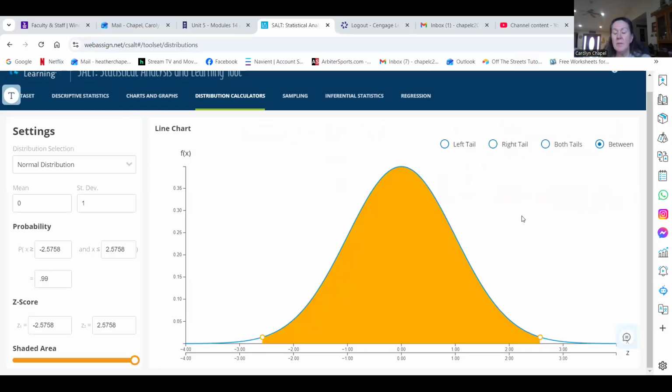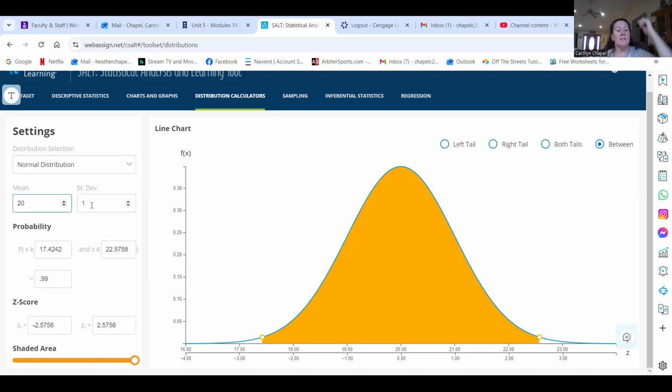It's going to be similar to how we found our Z stars. But we're going to change what curve we're looking at. We're no longer going to look at our standard normal. We're going to look at the normal that pertains to the X bar that we're looking at. So for X bar, the mean there was 20. That was our sample mean.